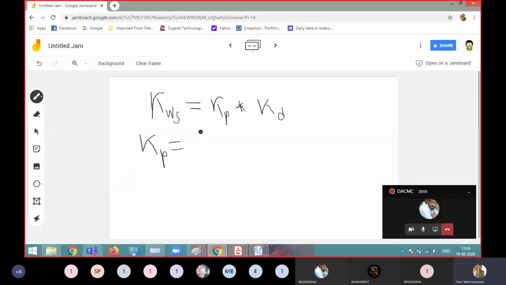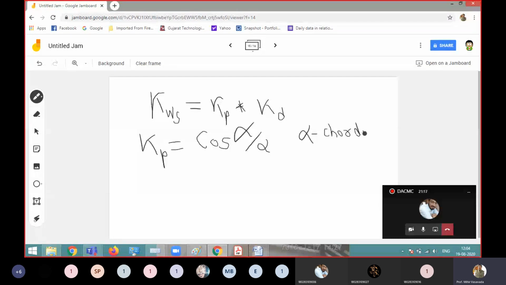Cos alpha by 2. Yes, very good. It is cos alpha by 2, where alpha is the short pitch angle, or in other words, the chording angle.